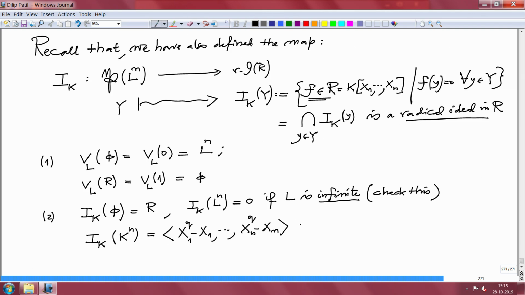This equality holds if K is a finite field with cardinality q. This is also easy to check. I will not check this; I will put it as an exercise.